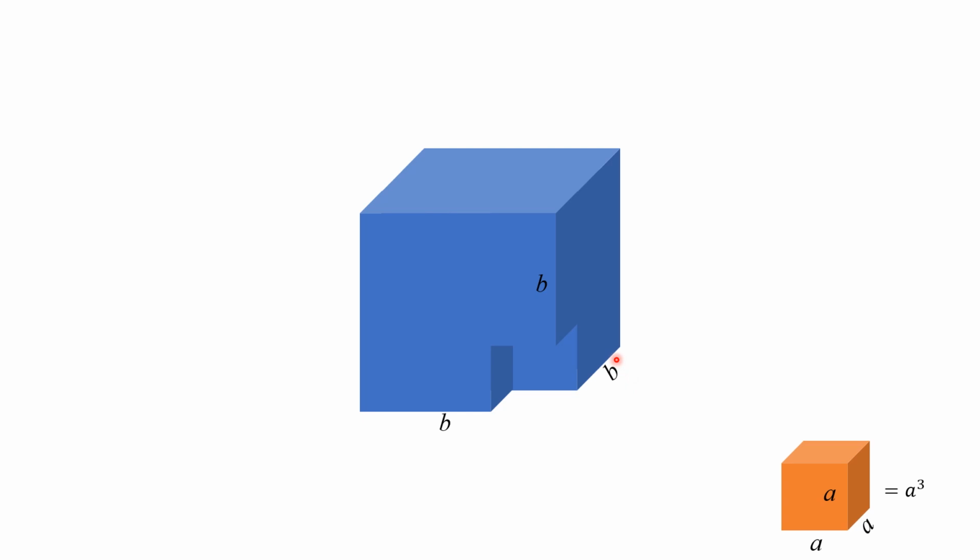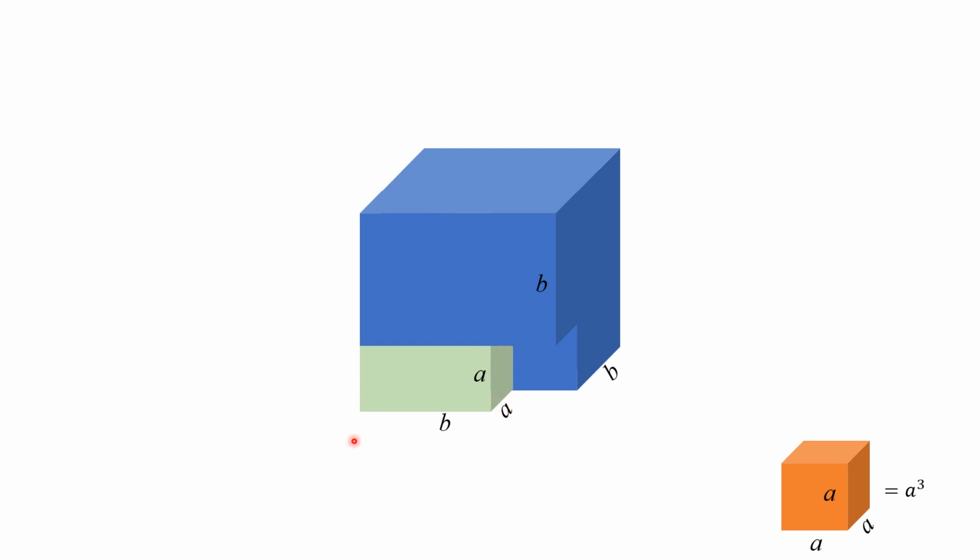Now if you take this portion of the bigger cube, the total length was a plus b. Length a is taken away, therefore this length will be b now, and height is a, and this breadth is also equal to a.